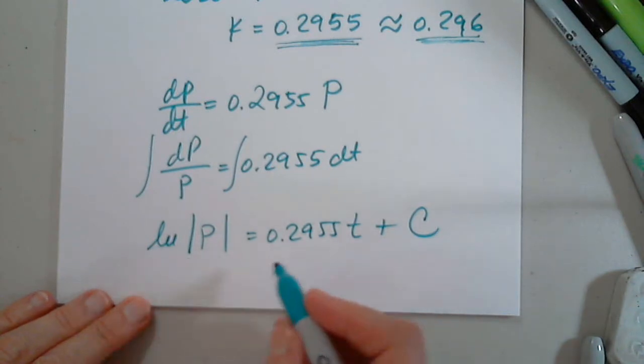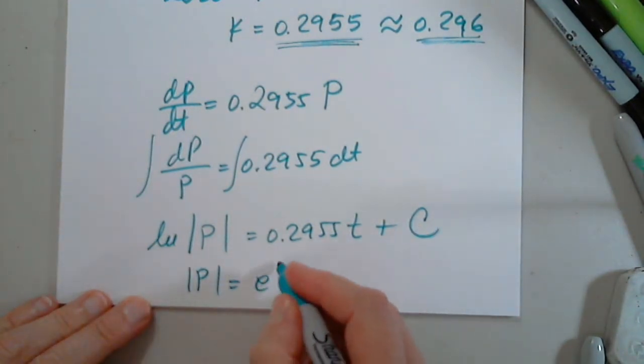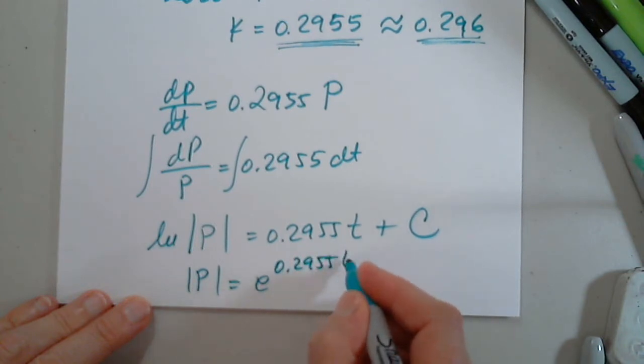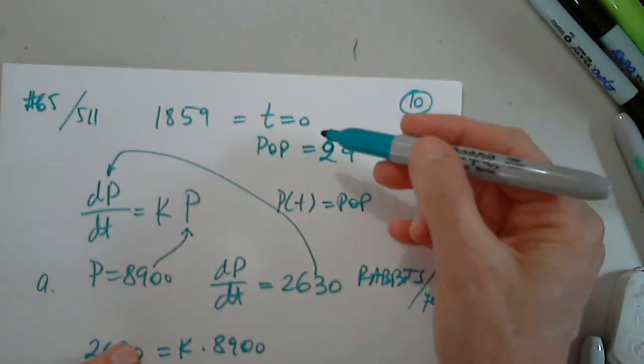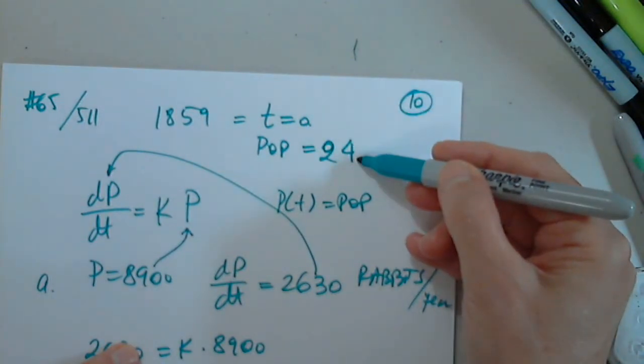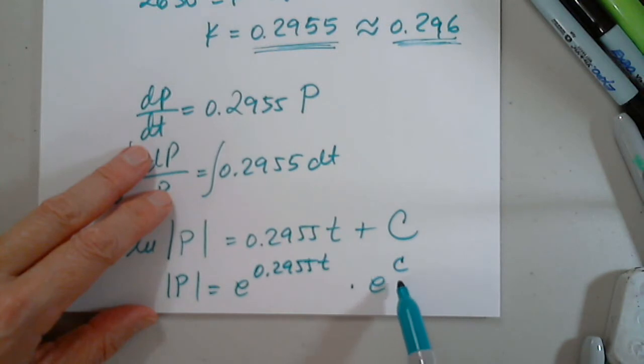And of course, when I solve, I get again e raised to all this, so it's e to 0.2955 t times e to c. Now, I do have a point. The point is 0.24. This point will enable us to determine the constant.